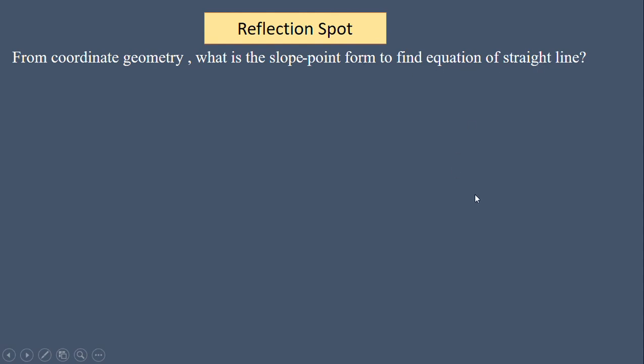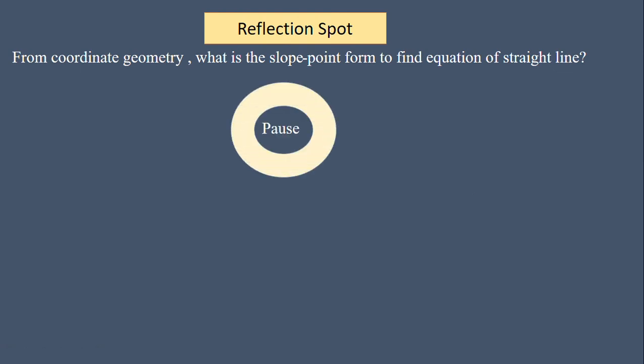Think about this question for a few seconds. Try to write the answer on your paper, and after that I will give you the answer. Hope you have all written that answer.